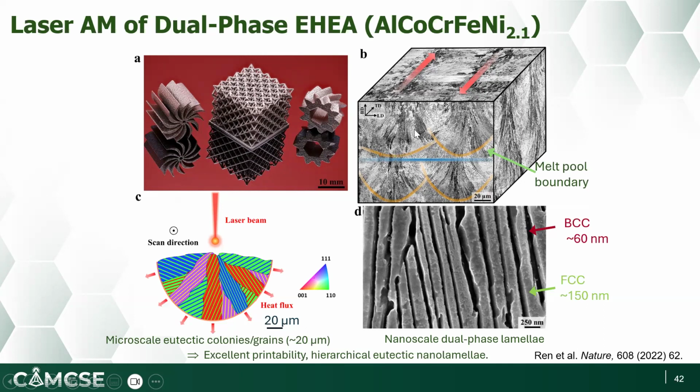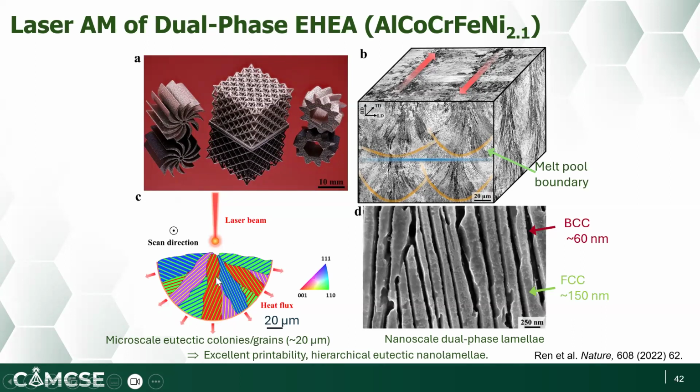You can also see very typical laminar eutectic colonies growing from the melt pool boundary towards the center of the melt pool. If you zoom in further, the microscale eutectic colonies exhibit different crystal orientations, and the eutectic colonies are about a few tens of microns in size.